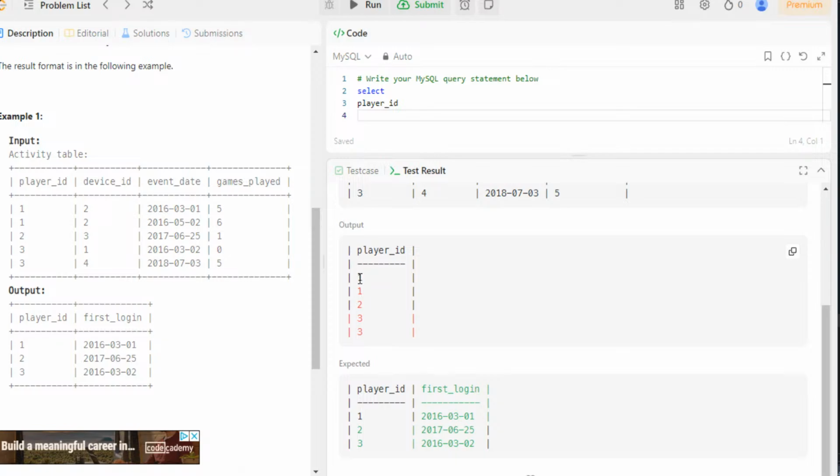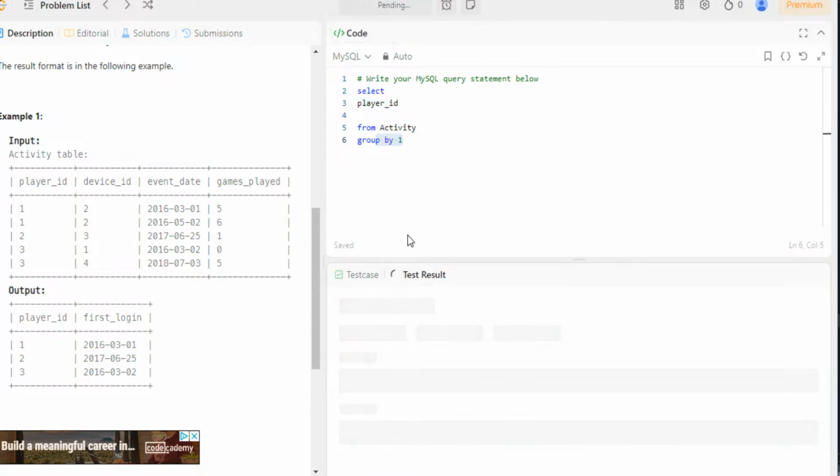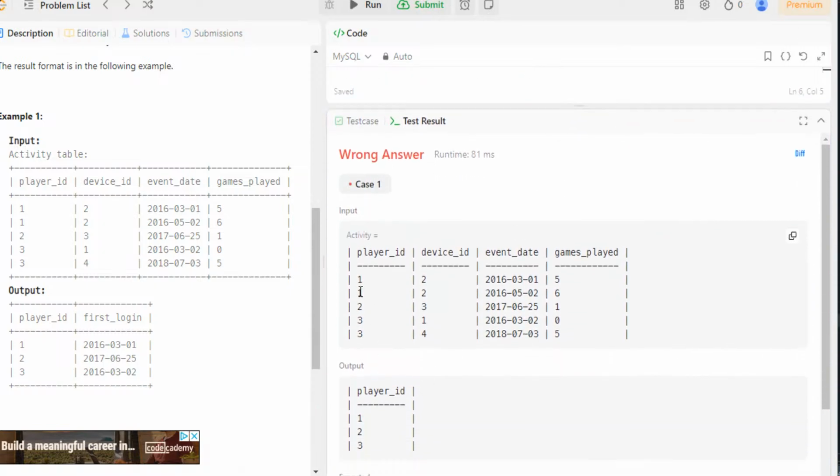So I'm getting all of the player IDs because I'm just saying bring in the player IDs. Now watch this. I like to describe this as compressing an accordion. I'm grouping the first column by like items. Originally we had, here's the input, two 1s, a 2, and two 3s.